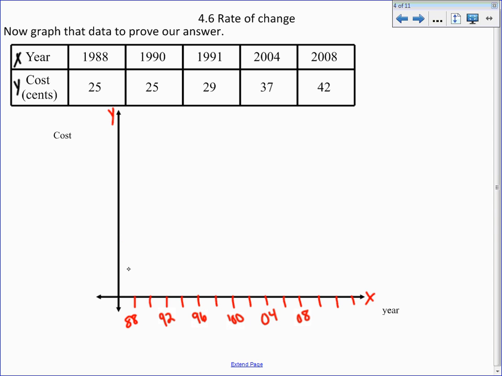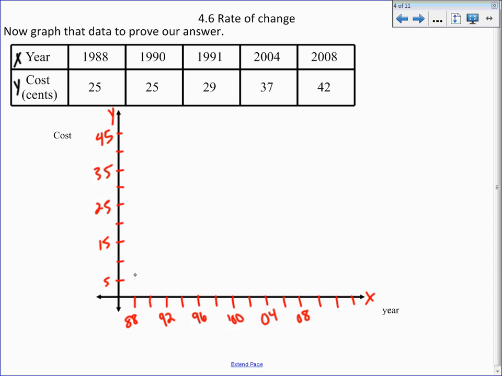Actually, let me redo it. Try to make them a little bit smaller. That should be it. 5, 15, 20, 25, and then 45.